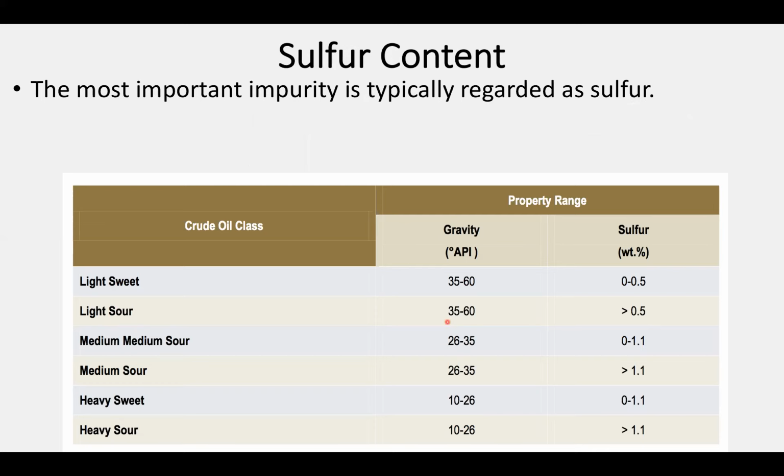One of the reasons why is because sulfur has a bad tendency to clog up engines and cause corrosion, as well as the classic: if you burn sulfur-rich oil, you are more likely to generate acid rain. So we definitely do not want high sulfur content for both of those reasons.